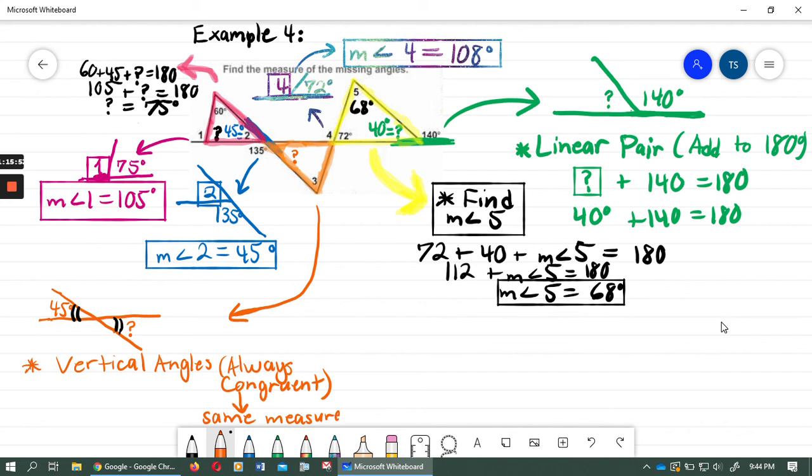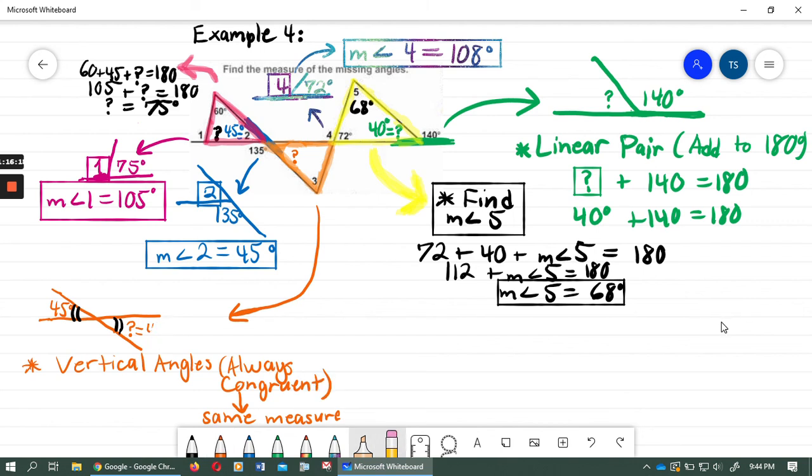Now, folks, we do know that this angle measurement here is 45 degrees. I do say that this angle right here is 45 degrees. Now, that's not the measure of angle 3, but again, folks, we needed to find out what this angle was.